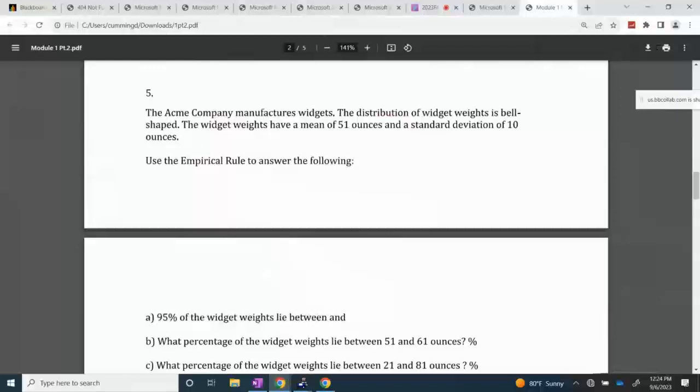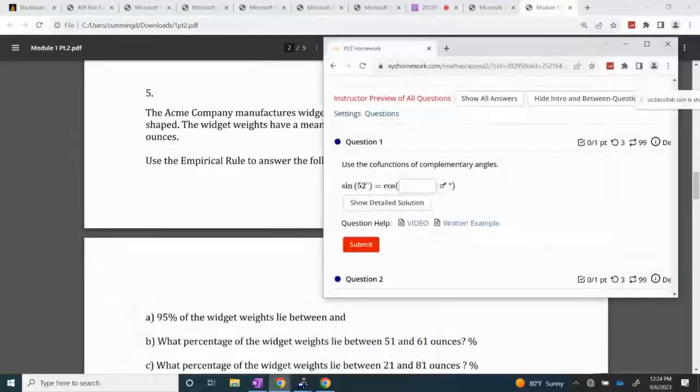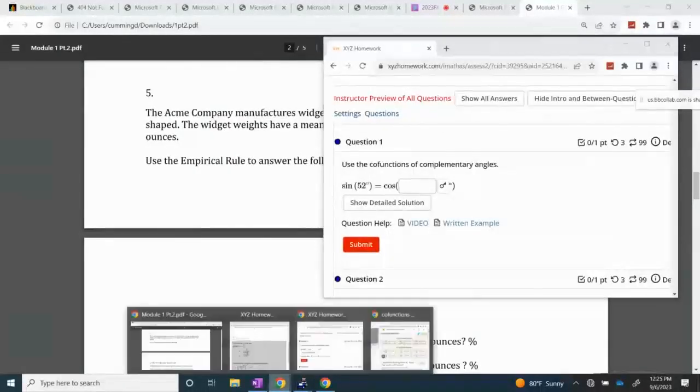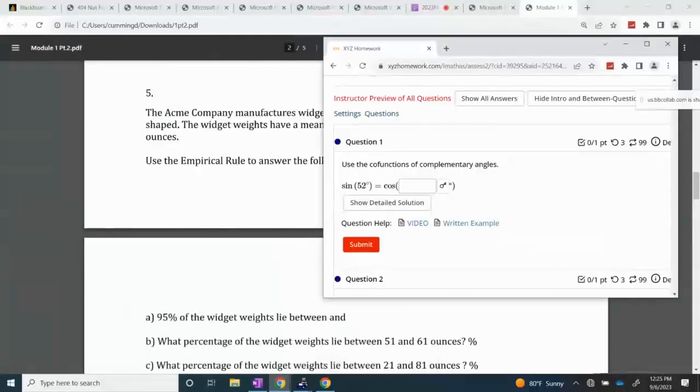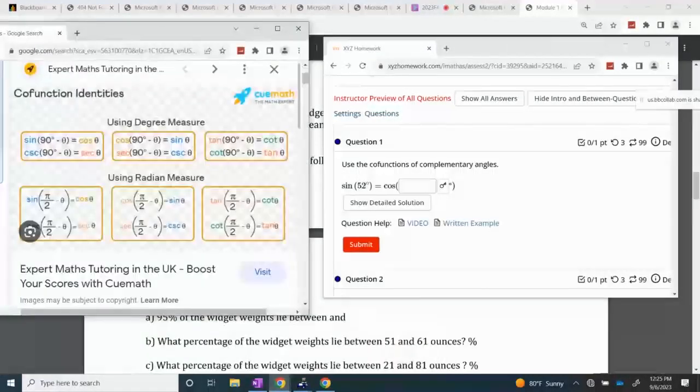So this is the first one. It says use the cofunction of complementary angles. Complementary just means the sum of two angles whose measure is 90 degrees. It says the sine of 52 degrees is equal to the cosine of blank degrees.